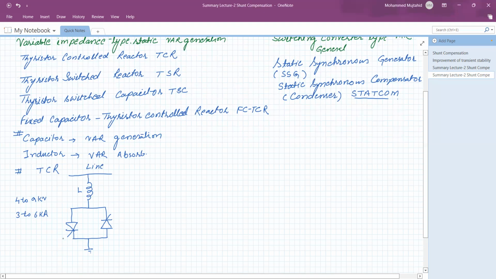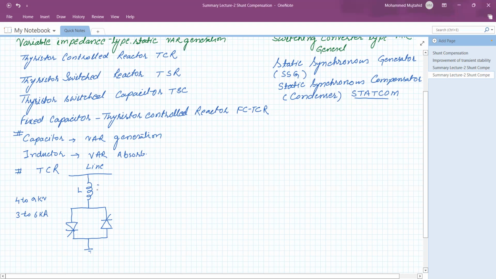The important thing is that the gate pulse should be provided simultaneously. Otherwise, in one string, if one thyristor remains off and the rest start conducting, that thyristor will definitely be damaged. So this is the care we have to take.